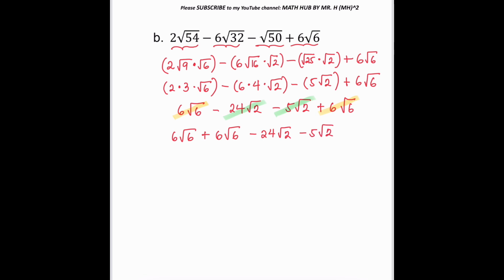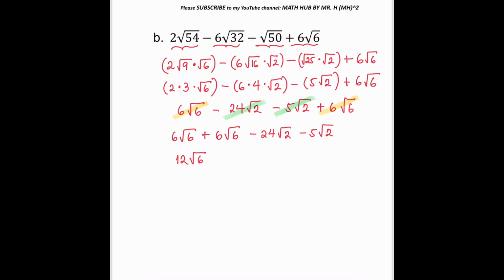And for the final answer, like what I mentioned earlier, example A, if they have the same radical, we just copy the radical. So for the first group, we copy square root of 6. And then we just do the operation involving their coefficient. So we have 6 plus 6 is 12.